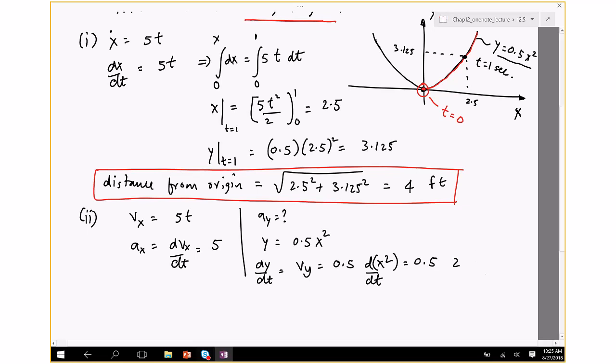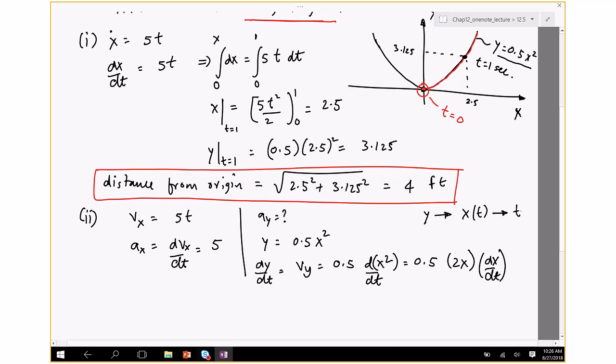It's 2x dx dt. This is the right way to do it. The reason is that when you're taking the derivative of y, which is a function of x, this x is actually a function of time.